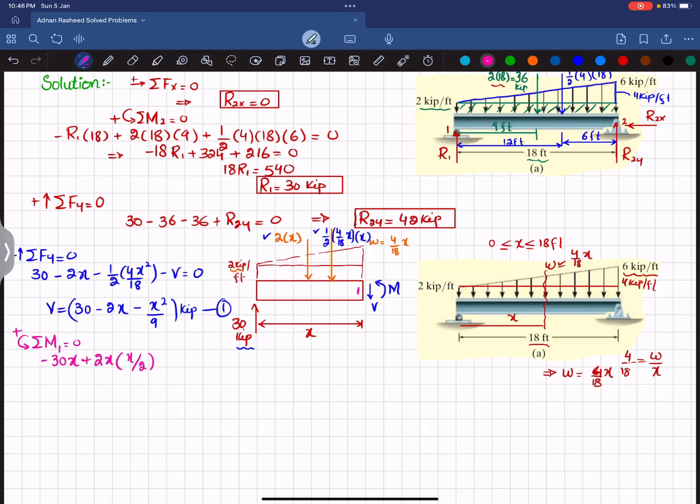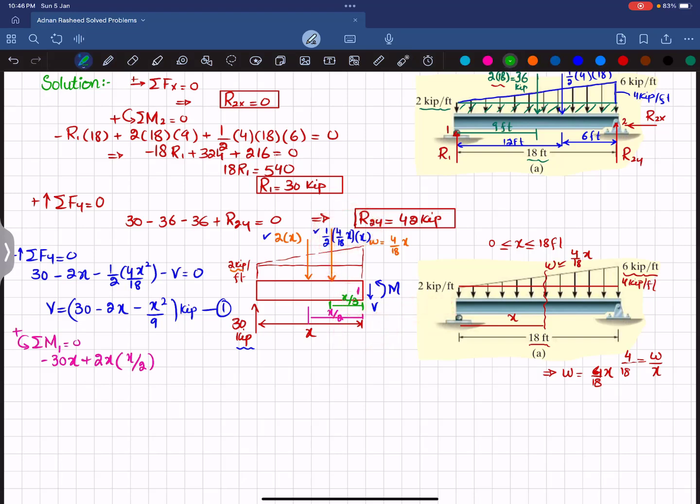Let me write the perpendicular distance for that. This distance is x by 2, and for this triangular load, this distance will be equal to x by 3 from this side. Okay, the last load that is producing moment is this load, and the perpendicular distance is x by 3, and this is also producing counterclockwise moment, so it will be positive.